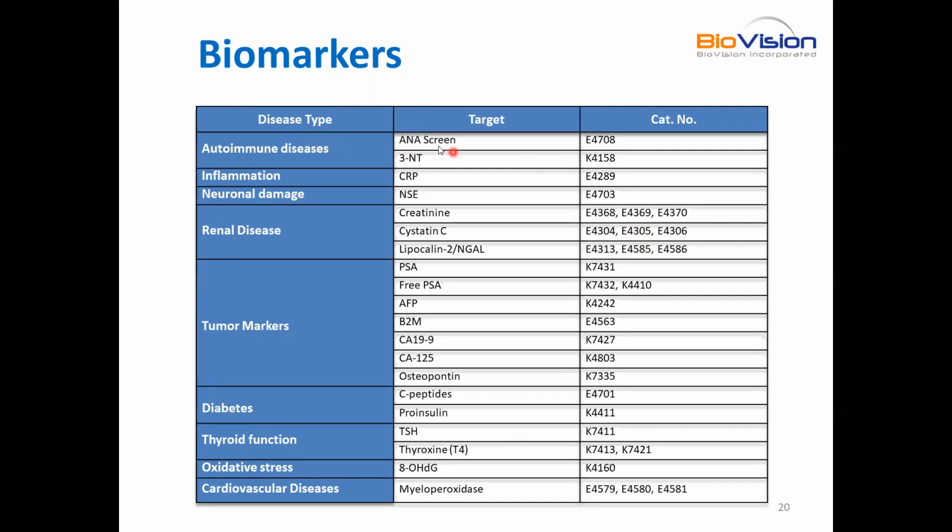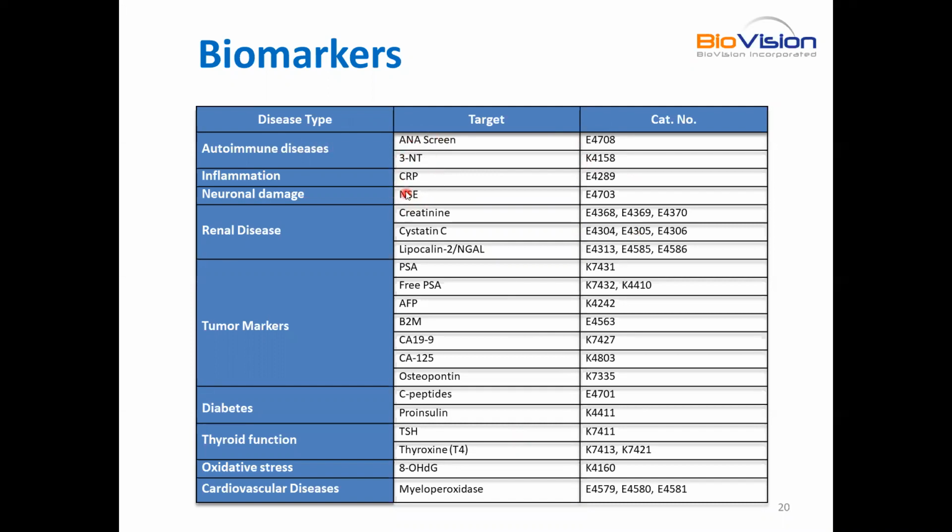So, for example, these are biomarkers for autoimmune diseases. These are the catalog numbers of the ELISA kits available for the detection of these biomarkers.